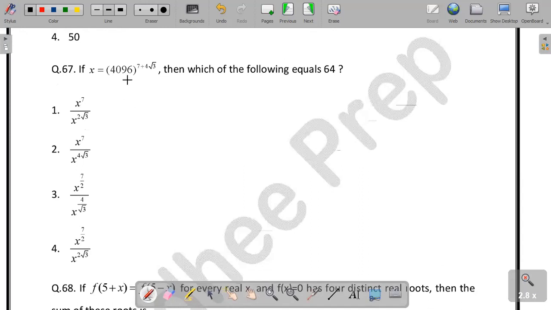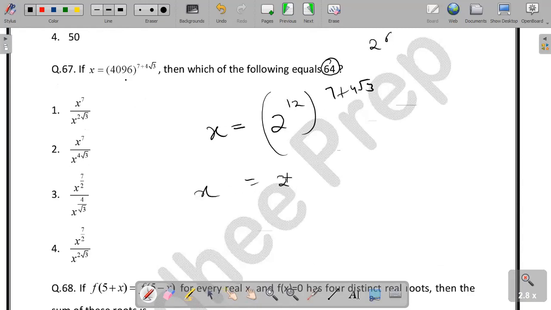Okay, x is equal to this. I can see the power of 4096, that is 2 की पावर 12, 7 plus 4 root 3, and I have to find 2 power 6. So I can say x is equal to 2 power 6 and 14 plus 8 root 3.